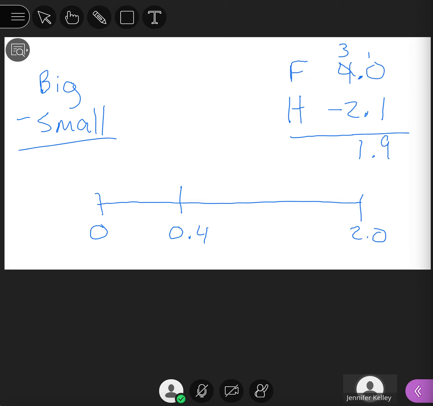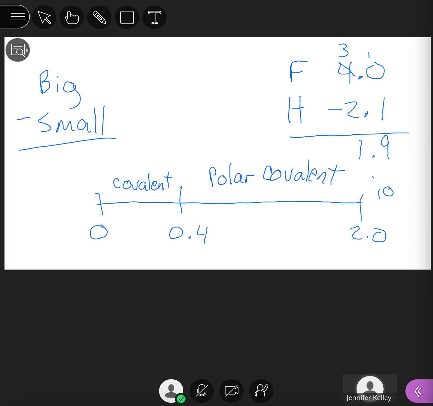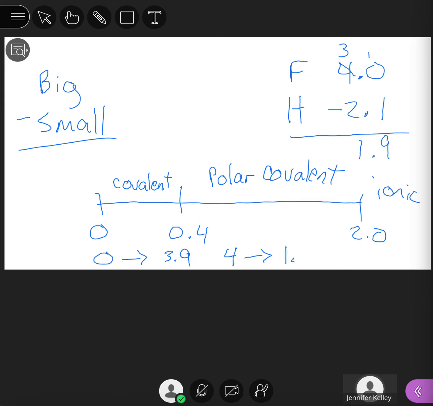You're okay? All right. So if you're looking at 0 to 0.4, we just call this nonpolar covalent. Between 0.4 and 2, we call it polar covalent. And anything beyond 2 is ionic. So it goes 0 to 0.4, 0.4 to 1.9, and 2 and on.